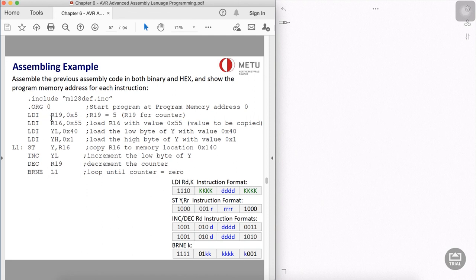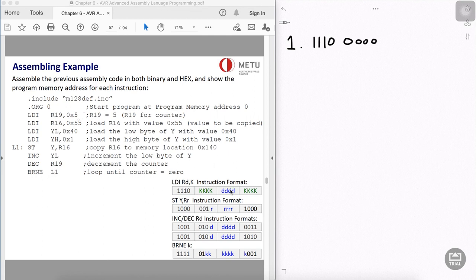Now the first instruction is LDI R19. LDI is 110, so let's say this is instruction 1. For LDI, we can say that it's 1110. Then we have K, which is the operand. Operand is 5, so the first part is 0000.